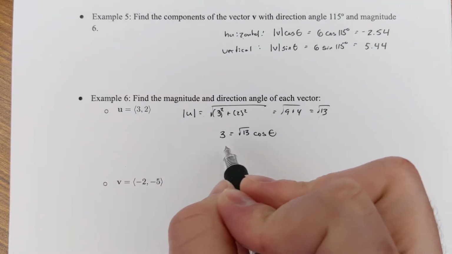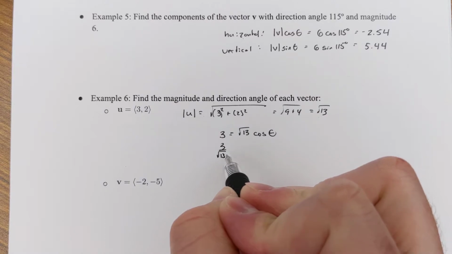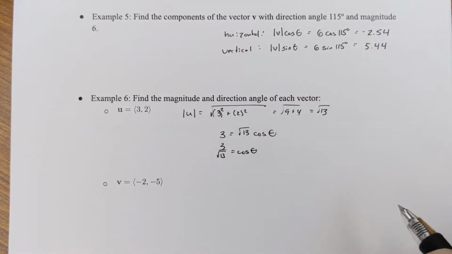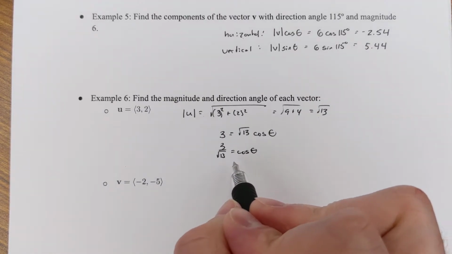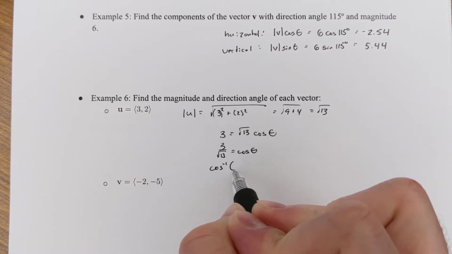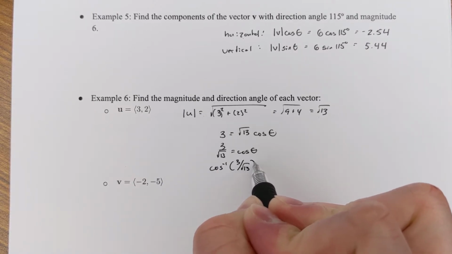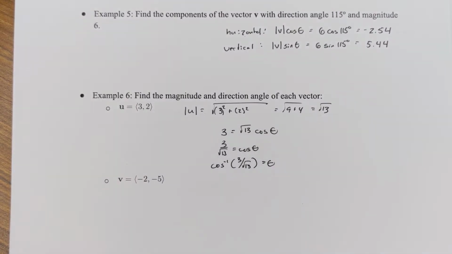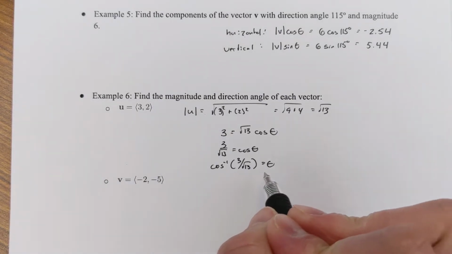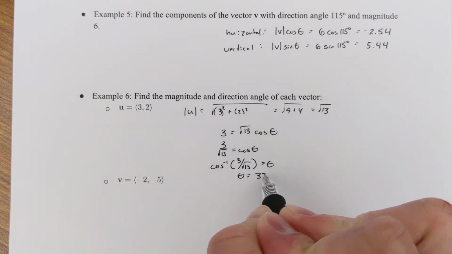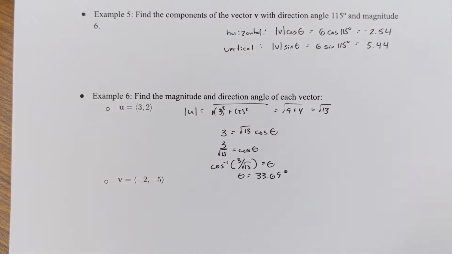So if I divide that across, I get 3 over root 13 equals cos theta. And then do the inverse cosine to get theta by itself. So the inverse cosine of 3 divided by the square root of 13 gives me a theta value of 33.69 degrees.